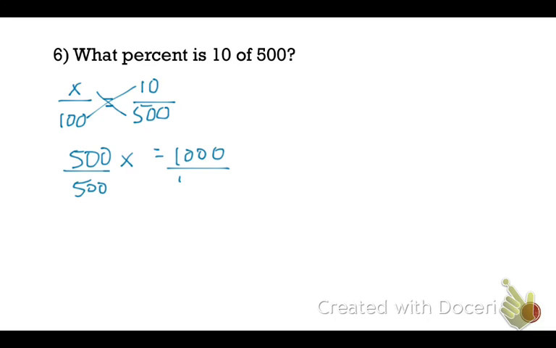Divide both sides by 500. So x equals 2. So 10 is 2% of 500.